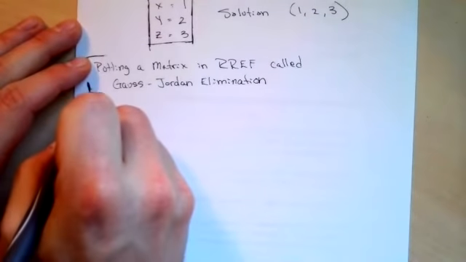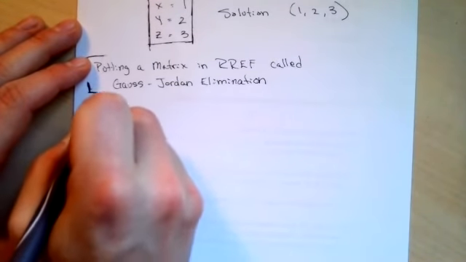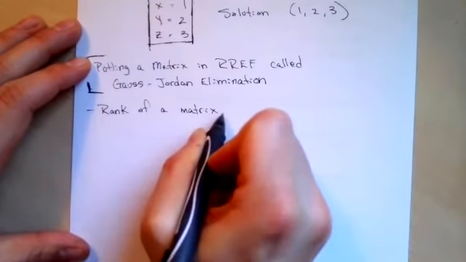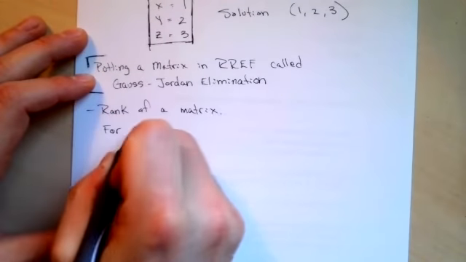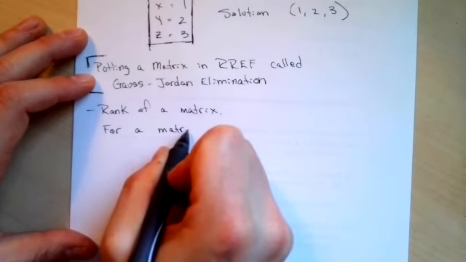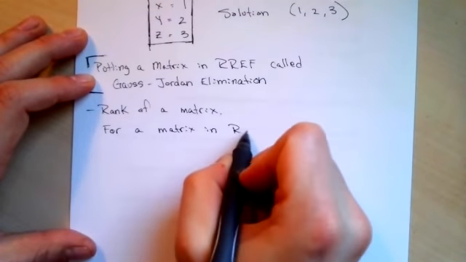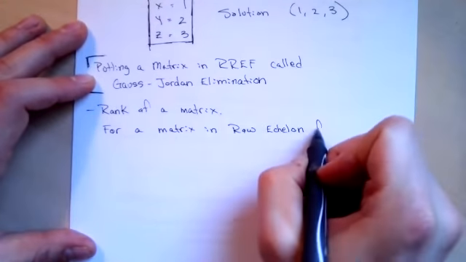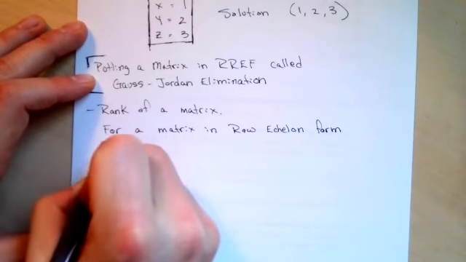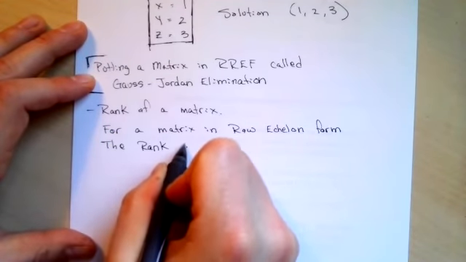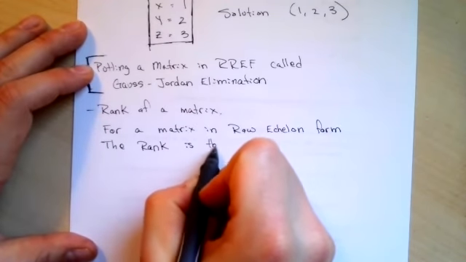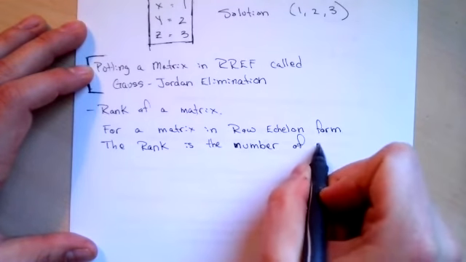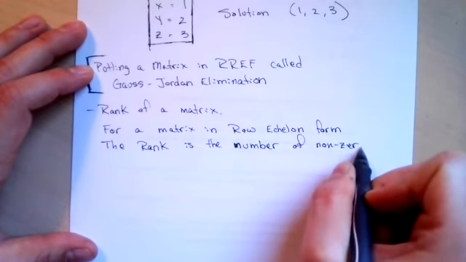One thing I do want to talk about is the rank of a matrix. So for a matrix in row echelon form, the rank is the number of non-zero rows.